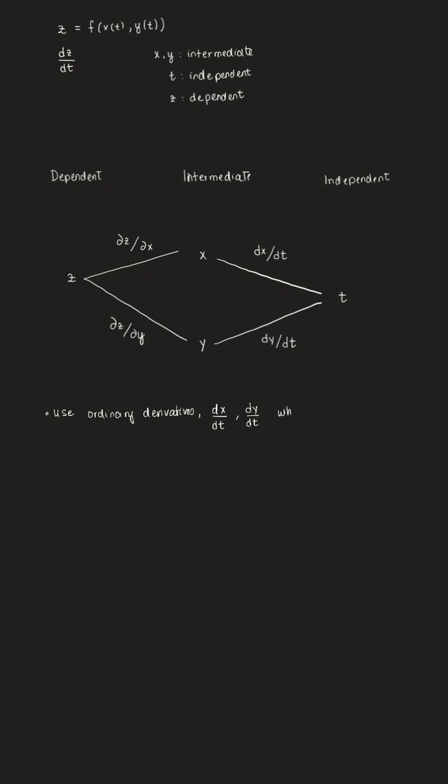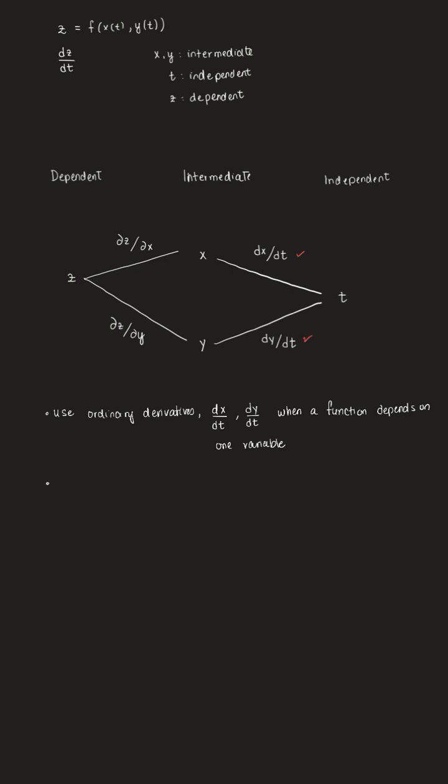So when a function depends on one variable only. And that's what we used up here for the dependence of y on t and dependence of x on t.